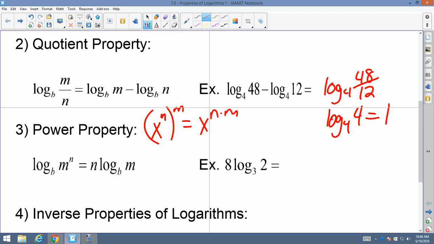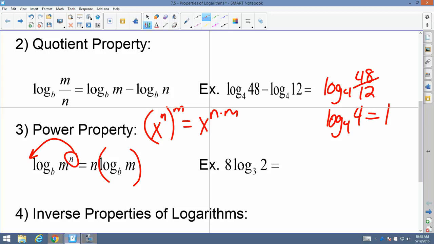So when I have log base b of m to the n power, I can expand it by bringing this exponent literally to the front. So now it becomes n times the log base b of m. Remember, when I raise a power to a power, I multiply. So I'm multiplying that exponent to the whole entire log.